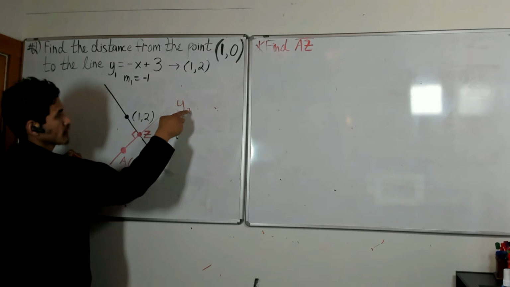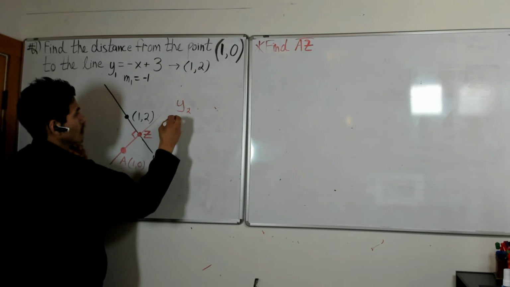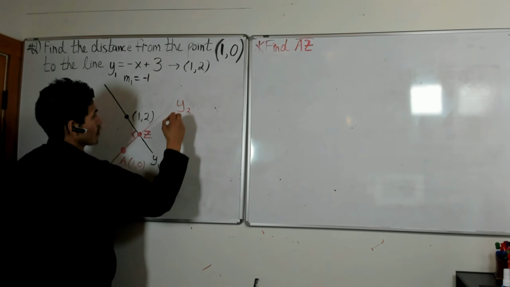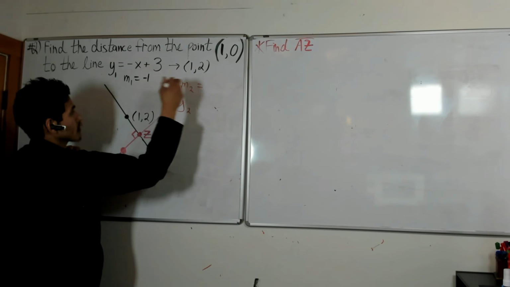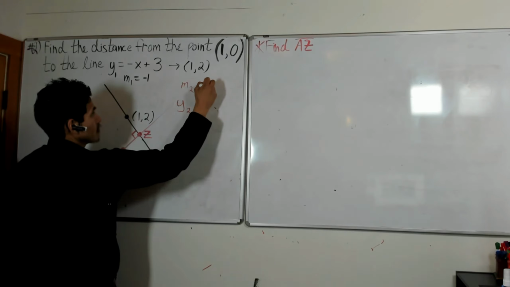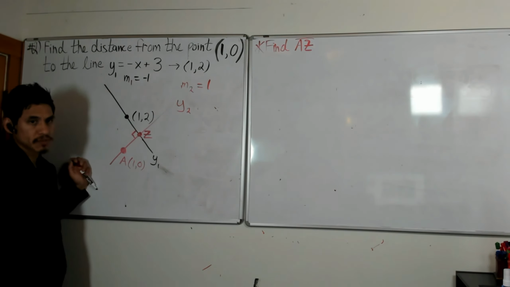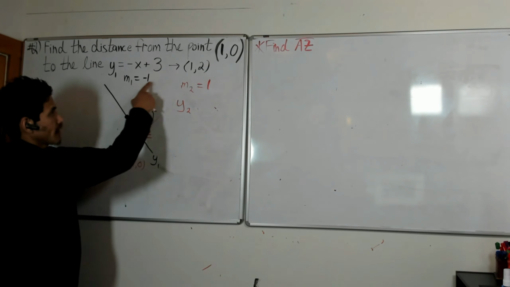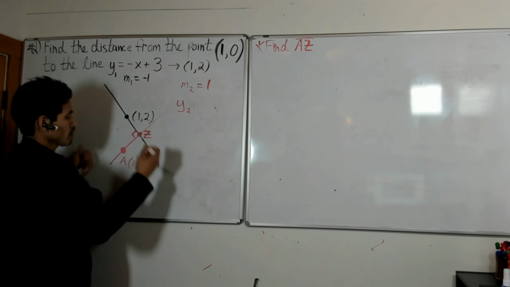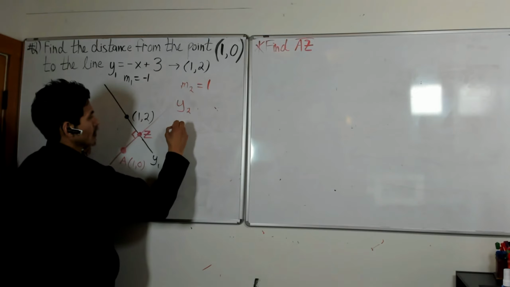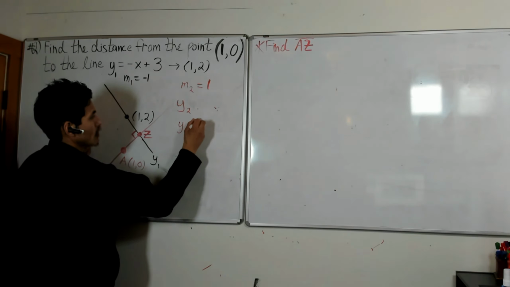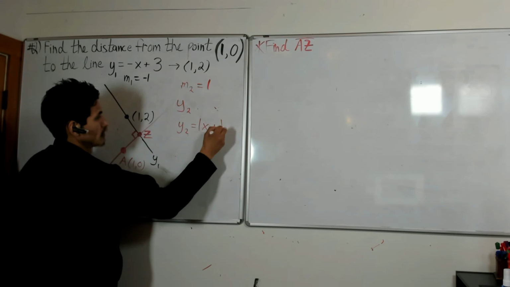And the slope of y2, let's call it m2, will be the opposite reciprocal. So positive 1, because the reciprocal of 1 is just 1, so we just take the opposite. So y2 will be something like 1x plus b.